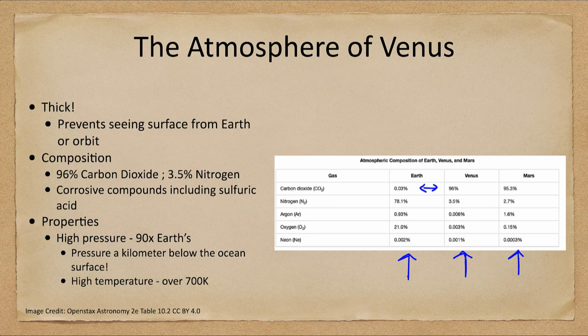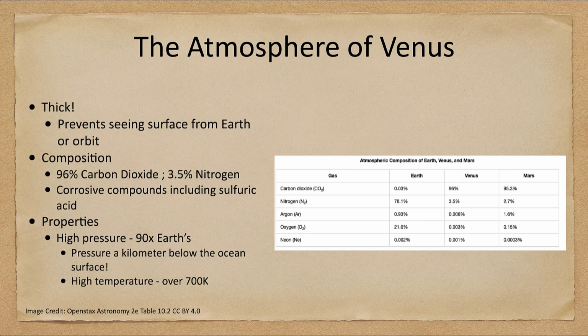Venus's atmosphere is almost completely carbon dioxide, as is that of Mars. Nitrogen, very prevalent in Earth, is much less in the other two planets, as are some of the other compounds, especially of course oxygen. Oxygen very rare in Venus, pretty rare in Mars. Neither of them anywhere near an amount that we could breathe, but very prevalent in Earth.